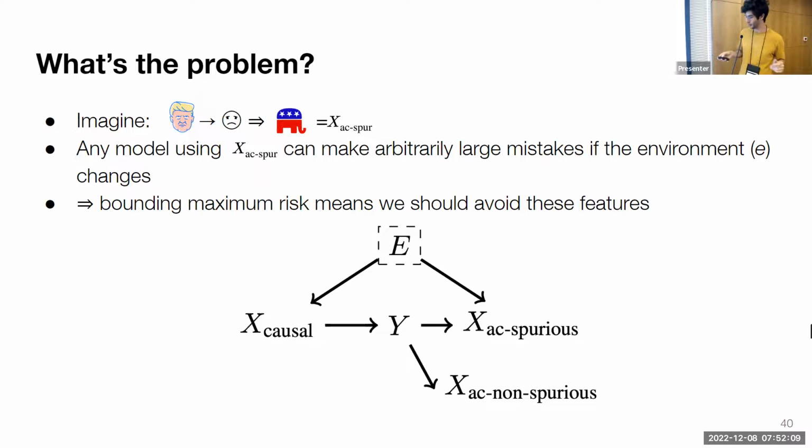All right, so we can imagine a causal graph for this type of scenario, where we have some environment variable, right? We have some domain, we have some political affiliation, we have something that causes both the causal part of the text and the part that is spurious, and only the causal part generates Y, right?